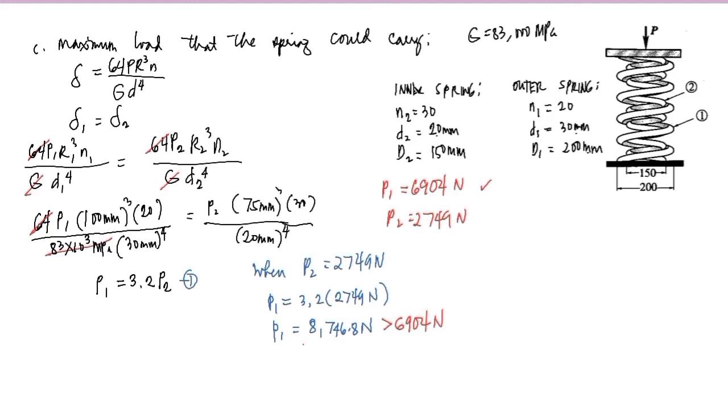In this situation, the outer spring fails. Since this P1 is greater than 6,904 Newton, we use the value P1 equal to 6,904 Newton.